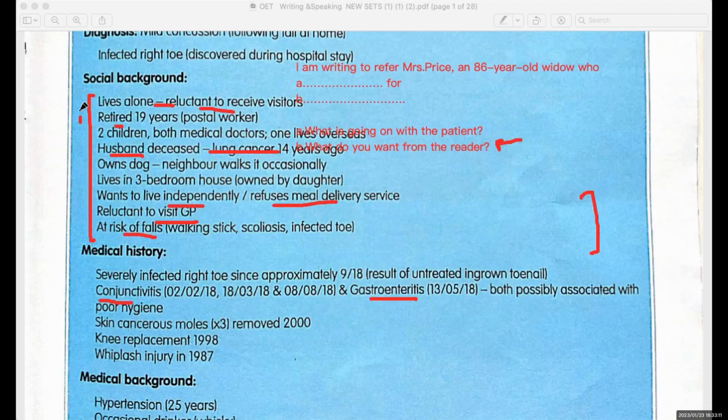So there are two roads, road A and road B. If you take road A, nursing management and progress, road B is going to be social background. There is also one more road called road C. But that road C is going by a helicopter, not even taking a road, just taking a helicopter.